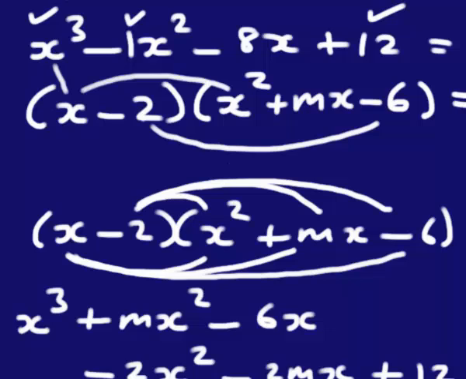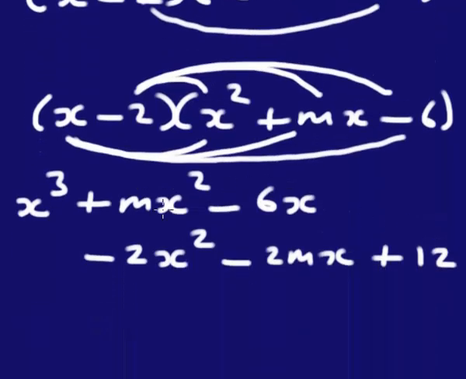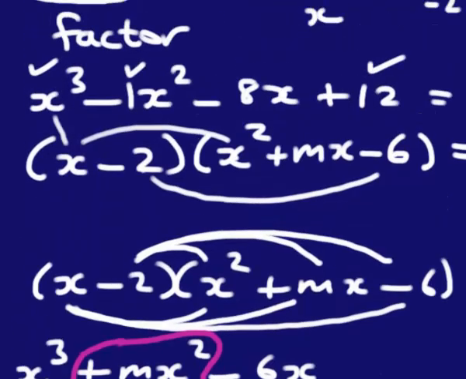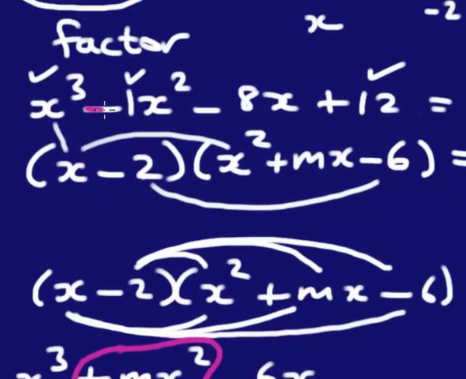So the idea is that when you add or subtract these, when you take the mx squared and the minus 2x squared, you want these to give you negative 1x squared, which is really that second term. Which is the second term here. There it is.